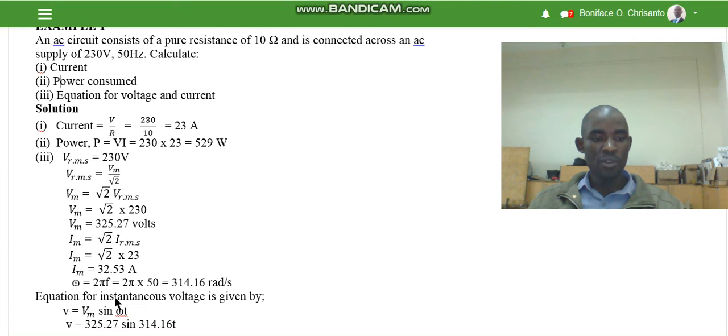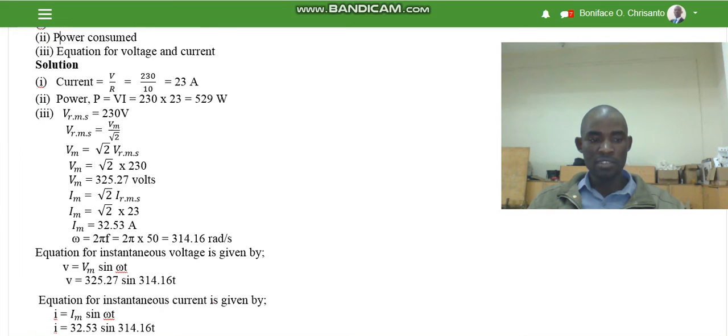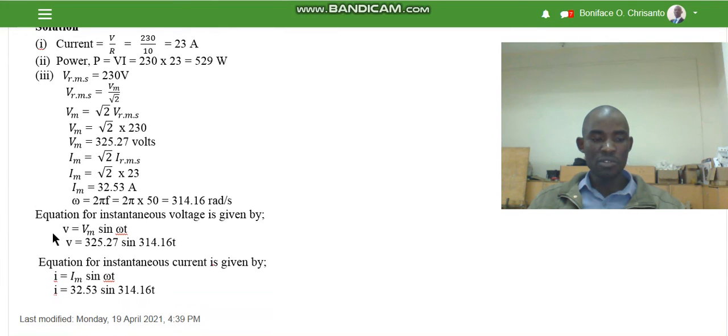We now move to the equation for instantaneous voltage. We said the expression is given by v equals Vm sine omega t. That is the general expression of a sinusoidal waveform, meaning a sine wave.